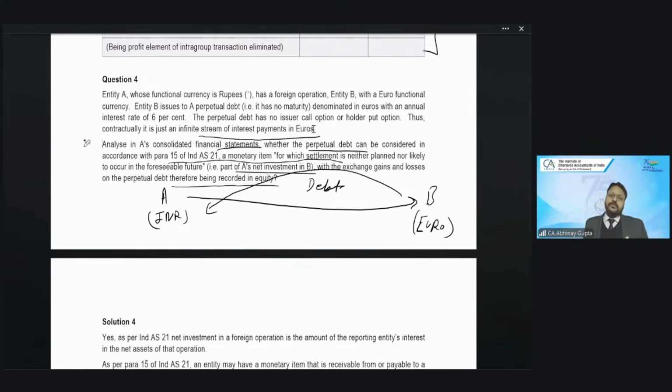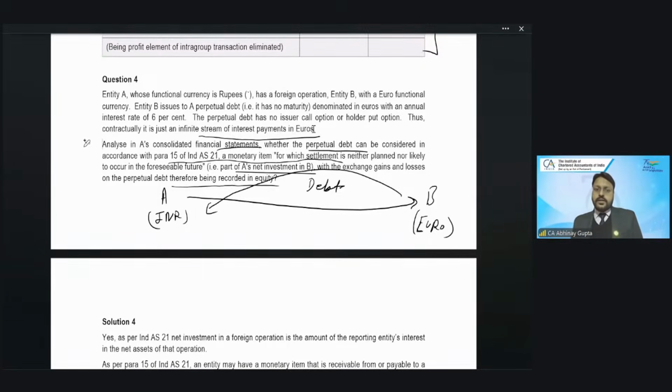Okay, suppose I give you one situation. Suppose a company sells goods to another company and doesn't demand the money against those sales. And they have made a master agreement that whatever the company sells will not be considered an amount payable by the other company to the selling company, right?